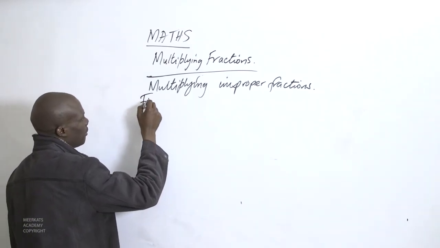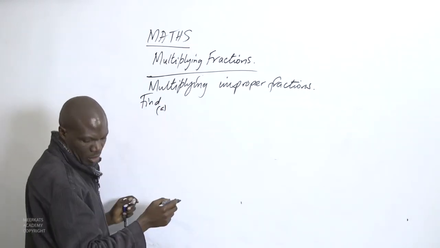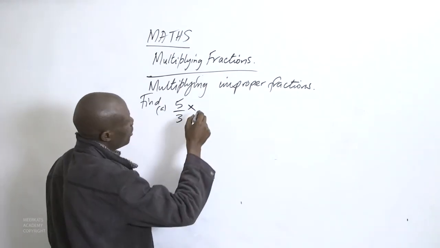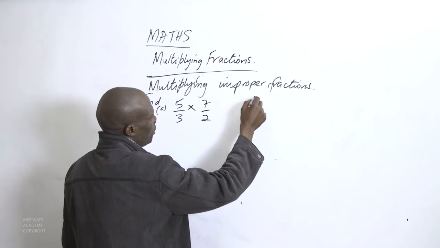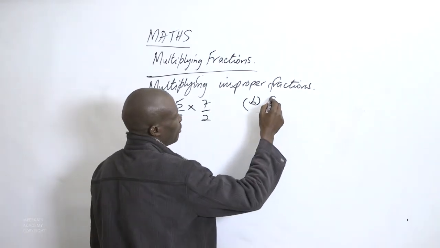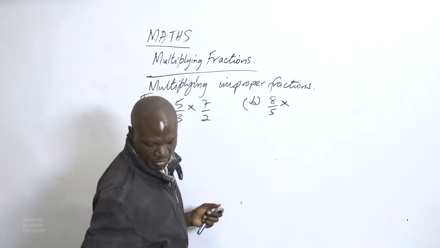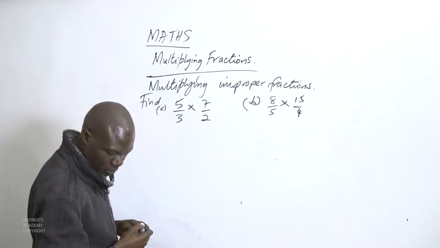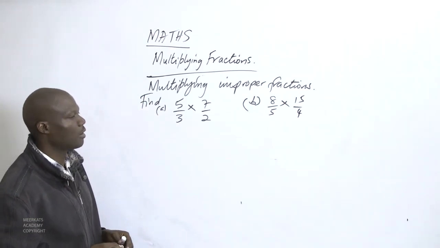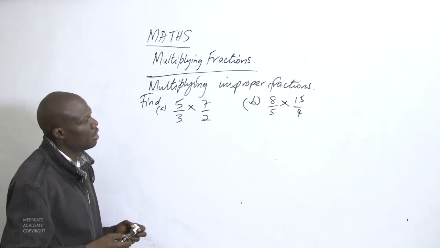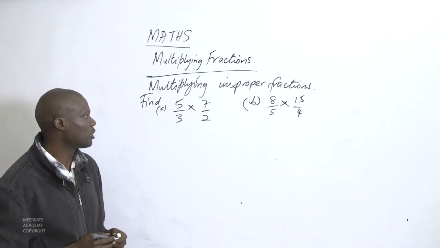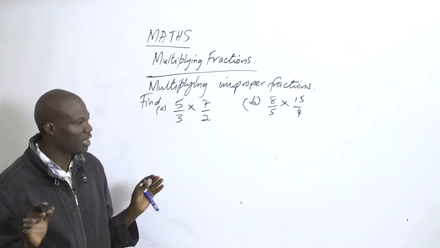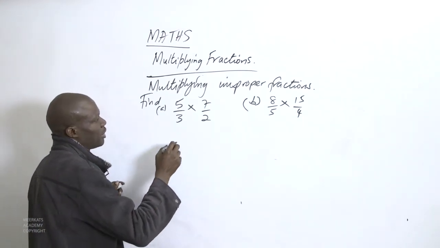Question, find A, 5 over 3 times 7 over 2, and B, 8 over 5 times 15 over 4. So these are all pairs of improper fractions. So when we are working out, don't convert into mixed numerals or interchange anything. Let them remain the way they are, and we start working out.